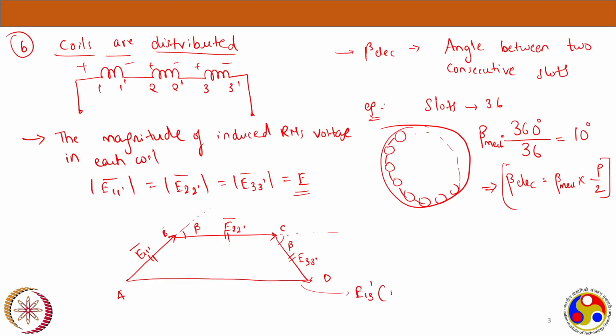E13 dash, which is the resultant. Now, I would like to calculate E13 dash here. Now, if you see these three phasors and the resultant, you can see all the sides are equal, and it's looking now like a polygon of equal sides. All the three exterior, not the resultant, of course. Resultant is bigger, but the three sides are looking like a polygon of equal sides.